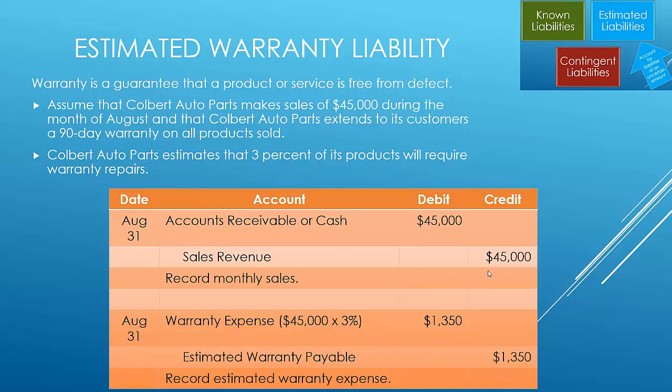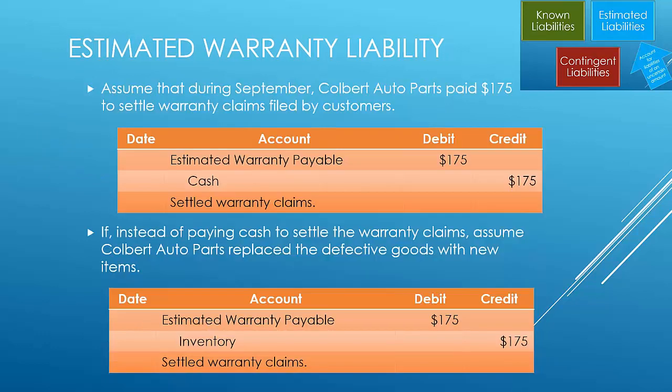And remember, we match up all of the expenses that are required to make that sale, and in this case, warranty expense would be one of those expenses. And then we tuck the rest away into a payable account until at which time the repair needs to happen, which is what we're going to talk about now.